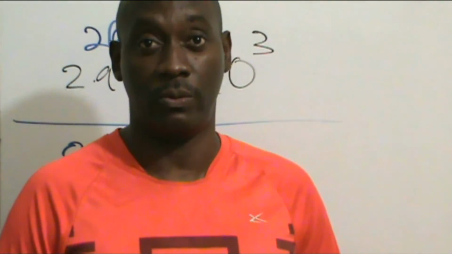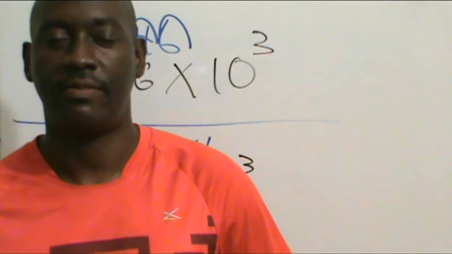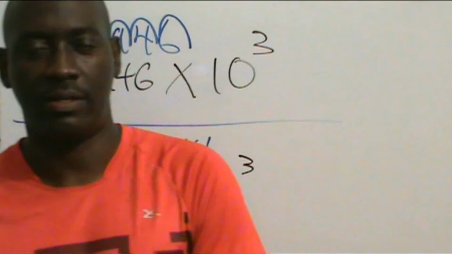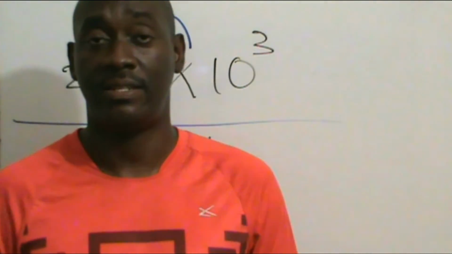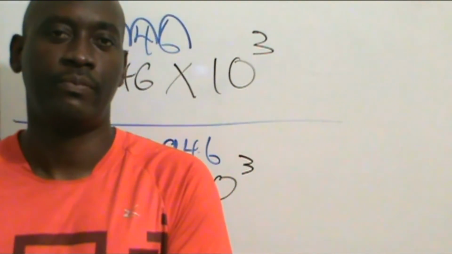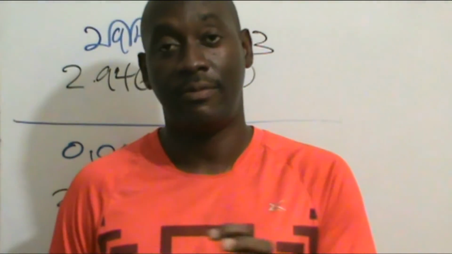Anytime a decimal number starts with 0, 0.3, 0.35, 0.96, 0.00047, 0.0894, etc., any decimal number that starts with 0 point something, your power in standard form must be negative.